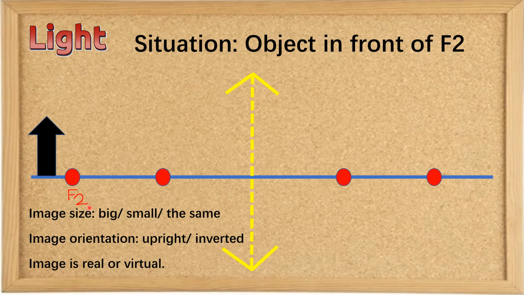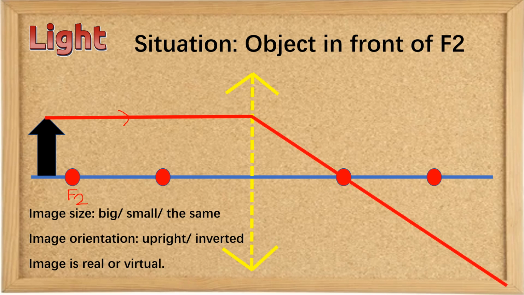For your convex lens, we have to make a line that is parallel to this line. Okay, and then please make an arrow. So make a parallel line going to your principal axis, and from your principal axis you're going to make a line pointing to the focal point, to the F1 here.